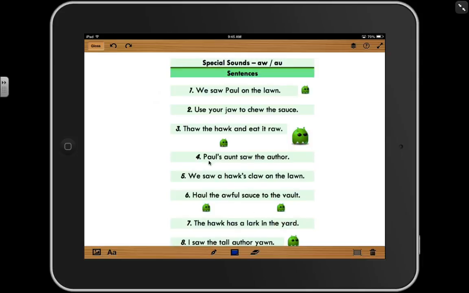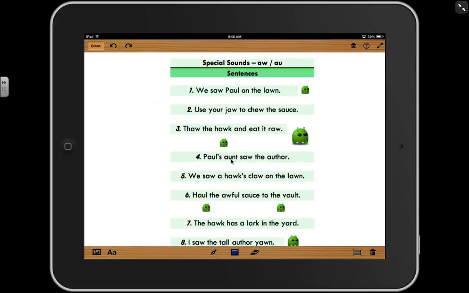All right, let's look here. Here's an AU that says aw, so let's read it. Paul. Paul's. Good job. Here's a tricky word because I know in different parts of the country we say this word differently. We know that the AU says aw, so let's read this slowly. Aunt. Aunt. So Paul's aunt.